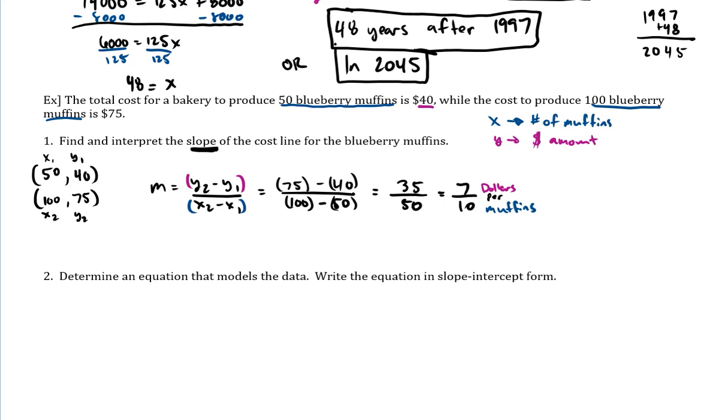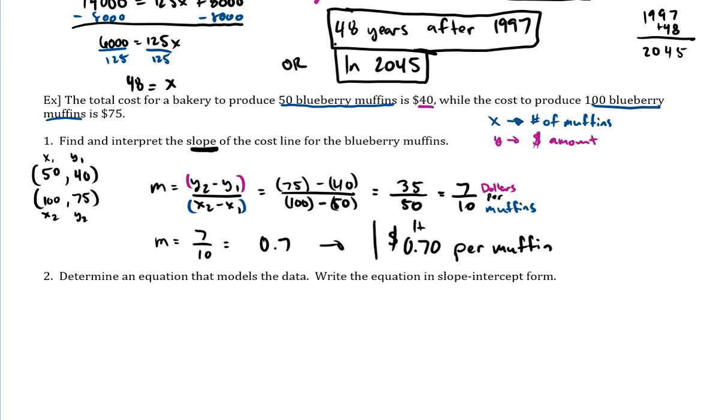However, even at this point, because it's a word problem, we would probably change it into a decimal. So 7 over 10 becomes 0.7. And then at that point, we can say, well, this is 70 cents per muffin. Okay, so that's how much it costs.